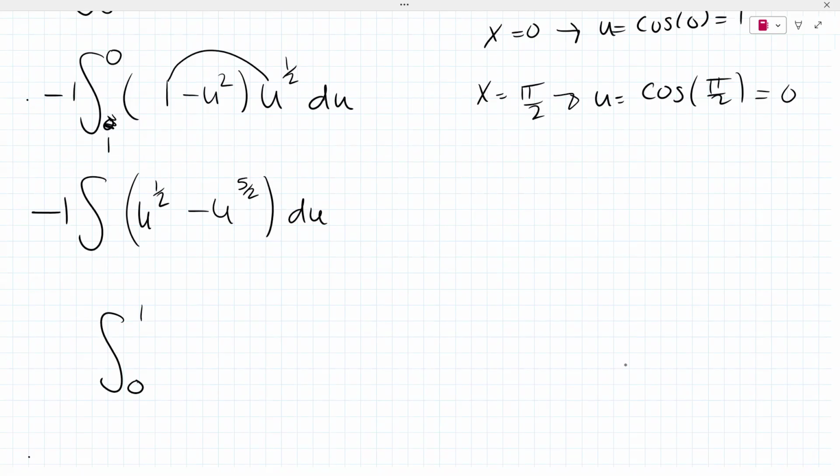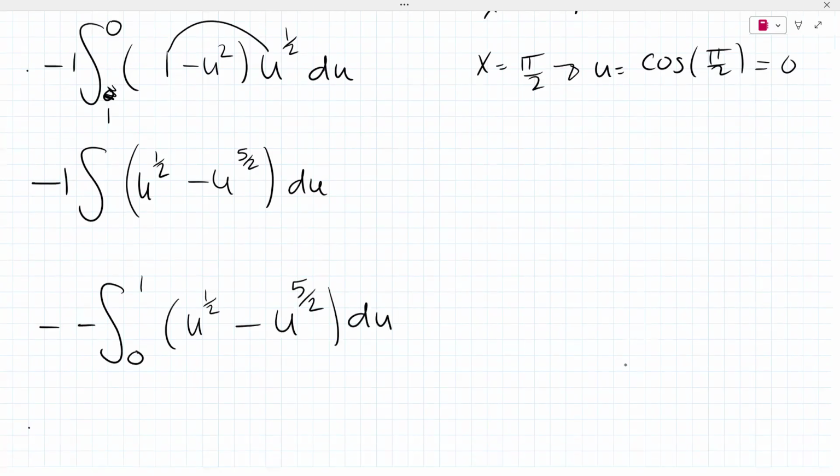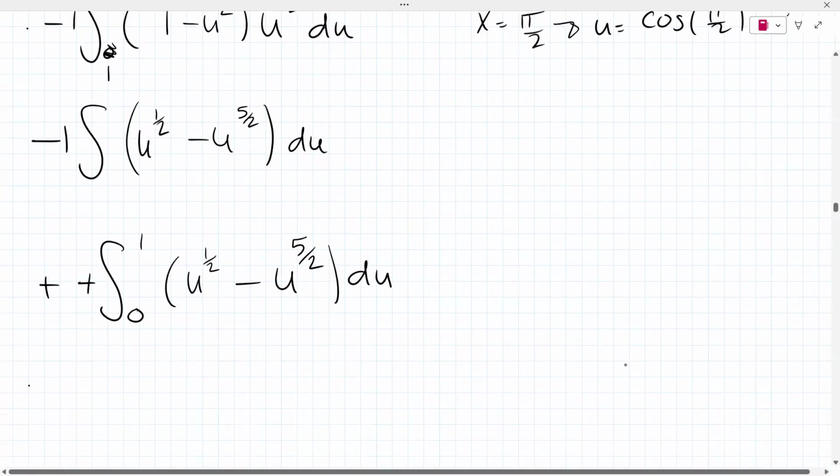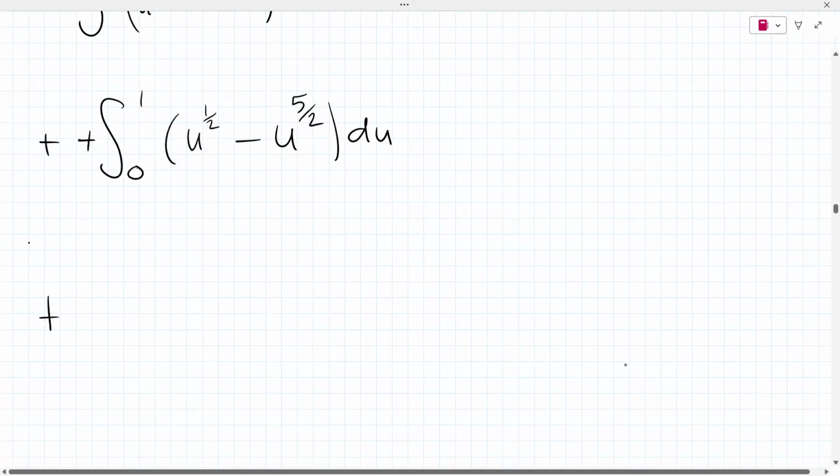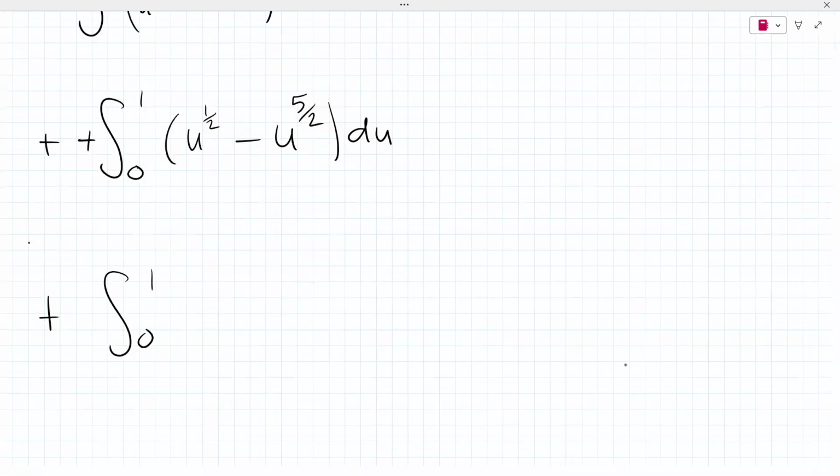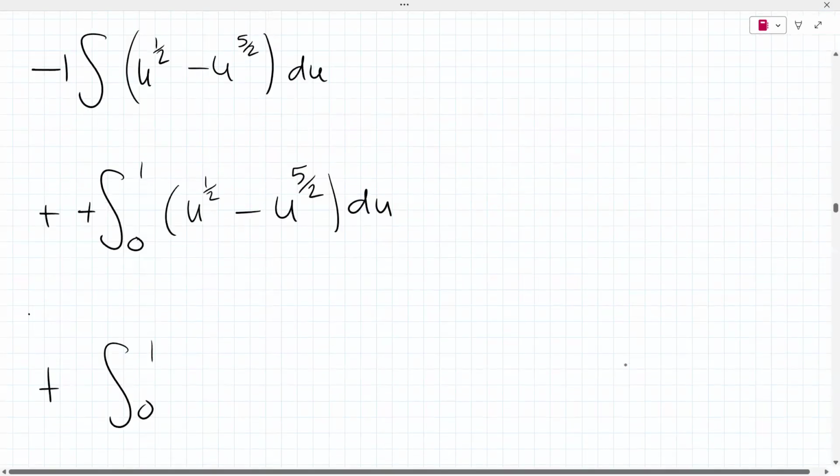But if you do so, you're going to have to add an extra minus. And we know that two negatives become a positive, so that's going to be plus, 0 to 1. And then we can start taking the integration.